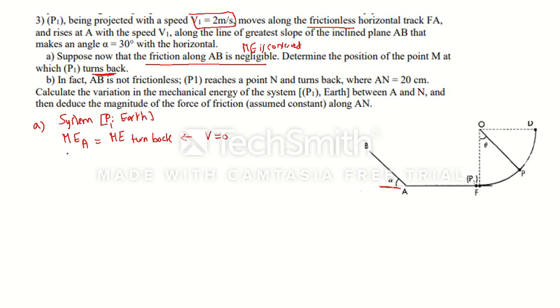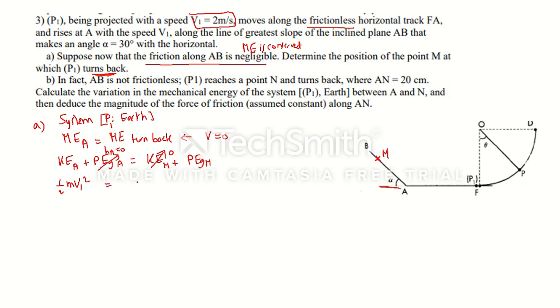So what do I have here at the point A? KE_A plus PEG_A equals KE at the highest point. Let's suppose, for example, this is the highest point, which I will name M. So it will be KE at point M plus PEG at the point M. And since it turns back, speed equals 0. Then I can substitute: it's half m1 v1 squared, but at the point A the height is equal to 0.